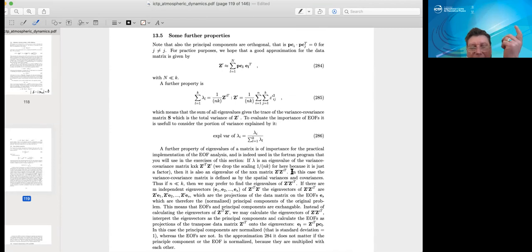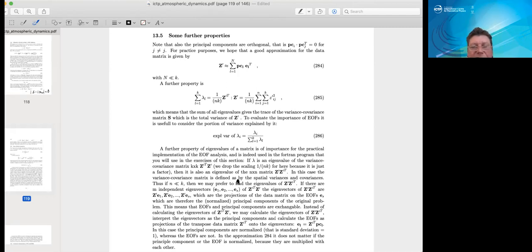There's another important property that is very relevant and that is actually used also in the exercise data set that I've provided you already on the Slack channel, a tar file with a Fortran code that can be used to perform an EOF analysis.